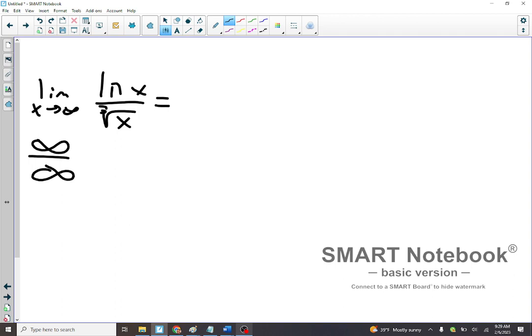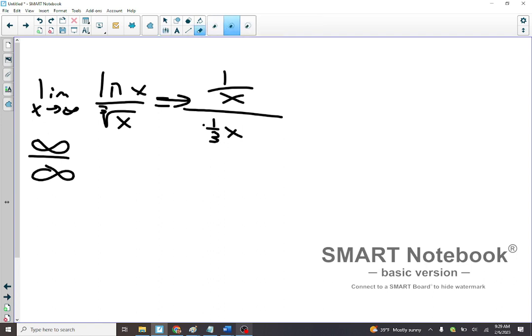The derivative of ln x on top is 1 over x, all over the derivative of the cube root of x, which is positive 1/3 x to the negative 2/3.